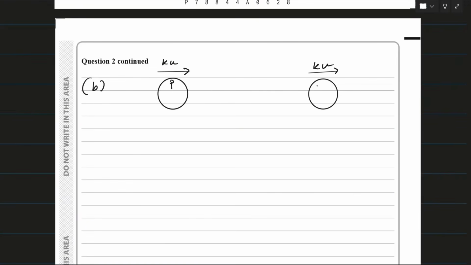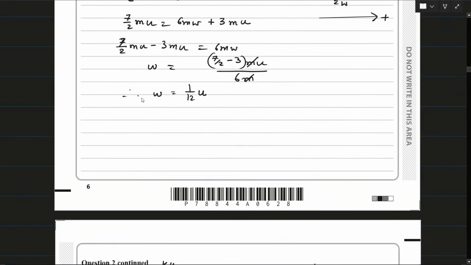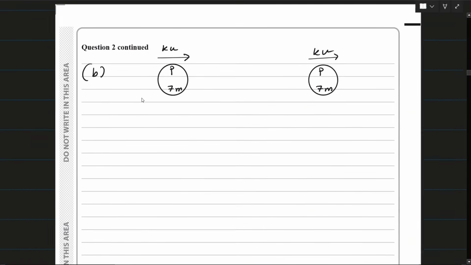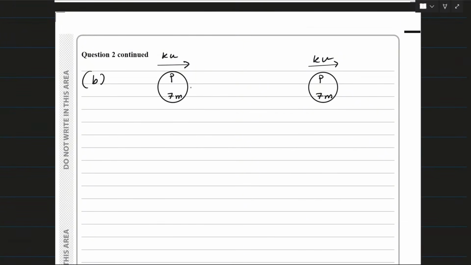We also know that particle P has mass of 7m. And we also know that the impulse on particle P will be the same in both of these scenarios. Impulse is in this direction, and the magnitude is equal to 7/2 mu.